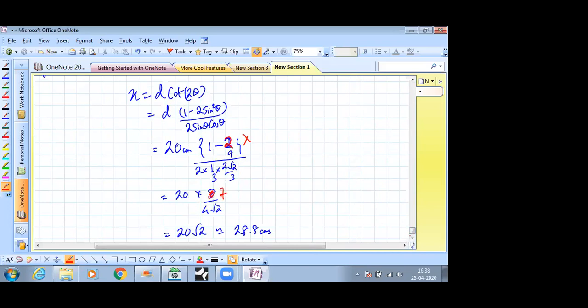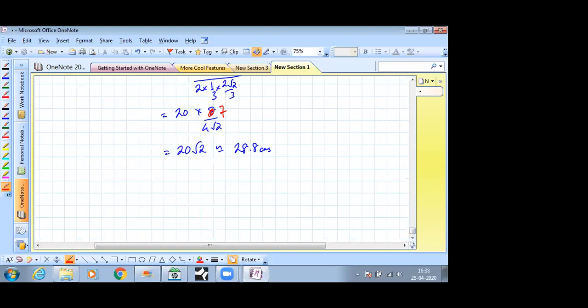Okay. So this will become 5. So 35 by root 2, or 35 by 2 into root 2.